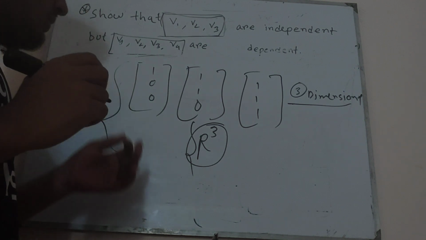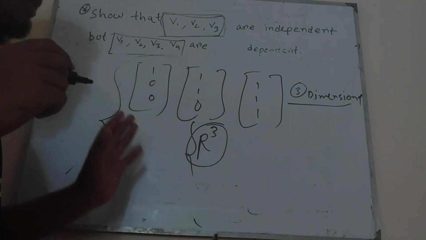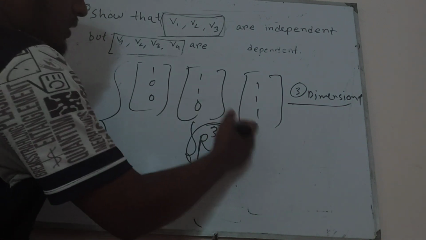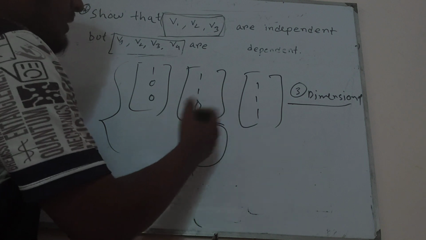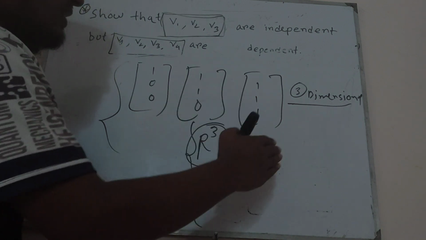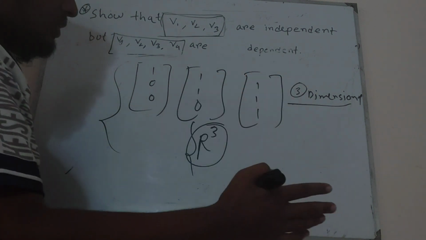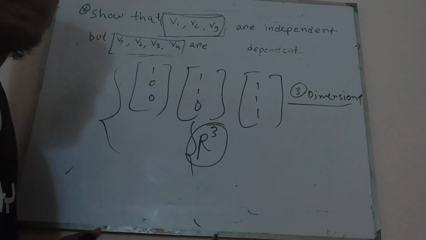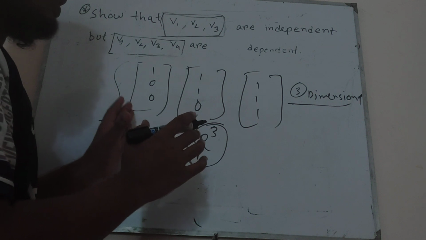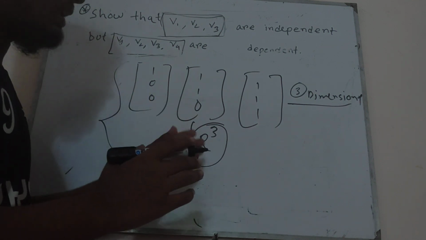From linear algebra we know that for R3 space, if we take more than 3 vectors, like 4 vectors, then these 4 vectors will not be linearly independent.